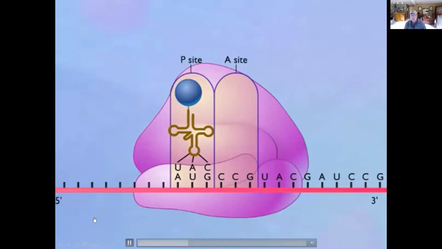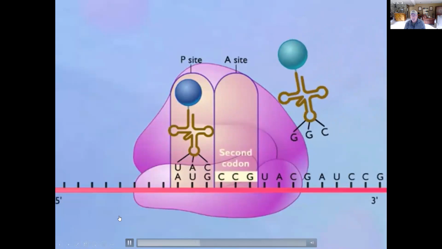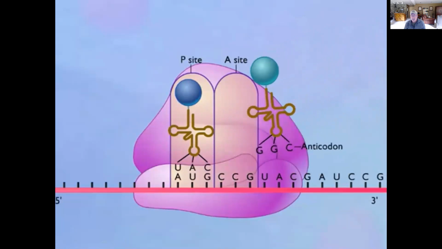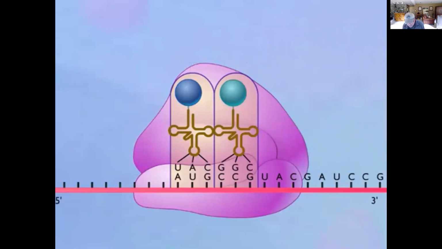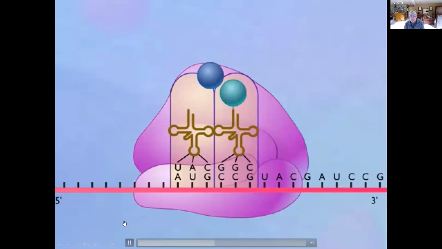The initiating transfer RNA carrying its amino acid binds to the P site. A transfer RNA that recognizes the next codon and carries the second amino acid then moves into the A site. The amino acid carried by the transfer RNA in the P site is then joined to the amino acid carried by the transfer RNA that just entered the A site.